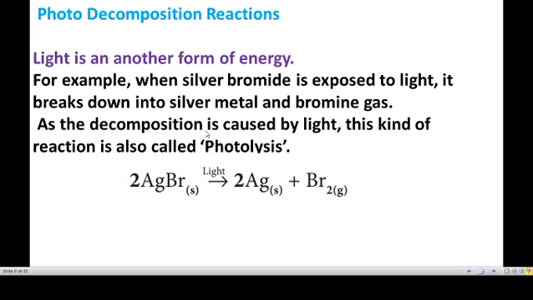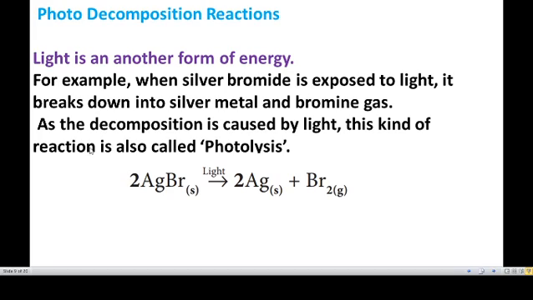When silver bromide AgBr is exposed to light, it breaks down into silver metal and bromine gas. This decomposition reaction is caused by light.